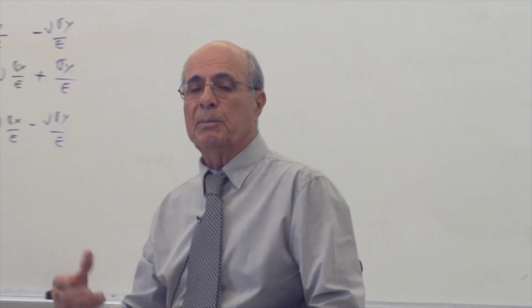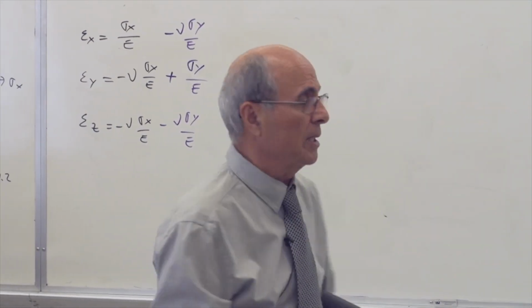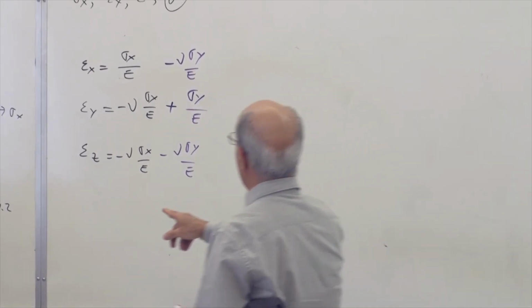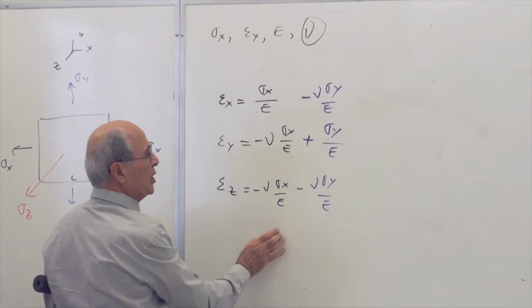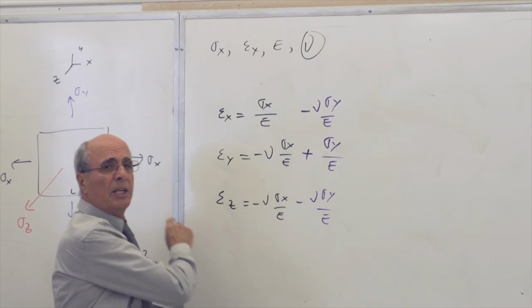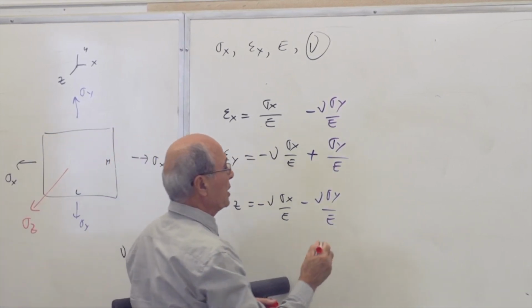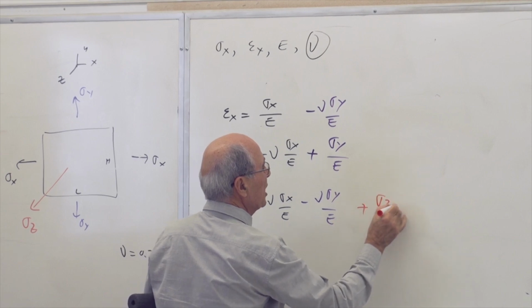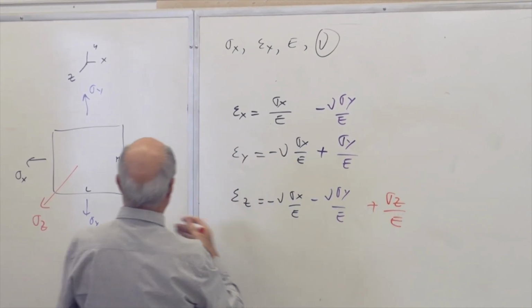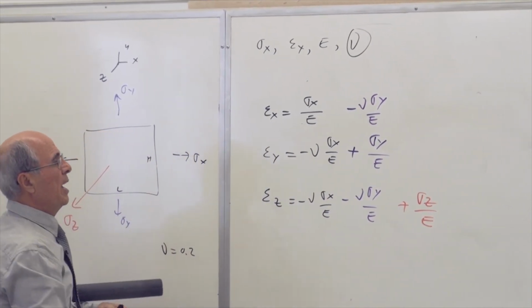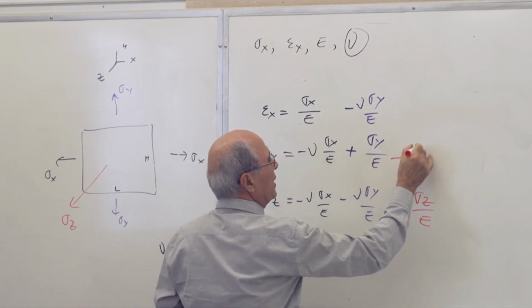Everybody, the bodies are usually 3D, but we treat them differently. Is that understood? We treat them as one-dimensional or two. One column is one-dimensional, two columns is two-dimensional. Now I'm making it into three. This time I have to put sigma z here, sigma z over E, as if I'm stretching it this side, and nu percent goes there.